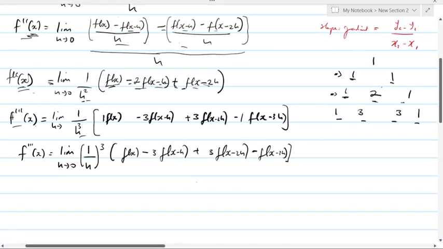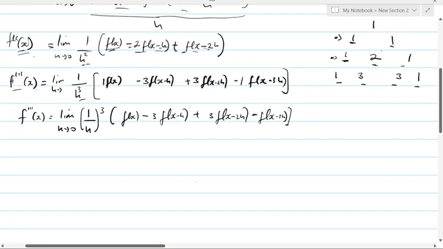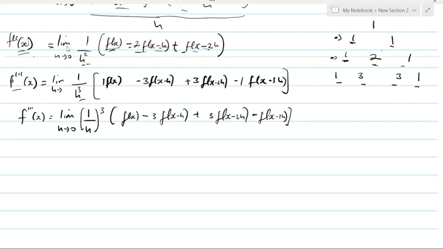With this now we can write the general formula for the nth derivative, and let me do that. We can also rewrite this using summation in order to make it simpler.